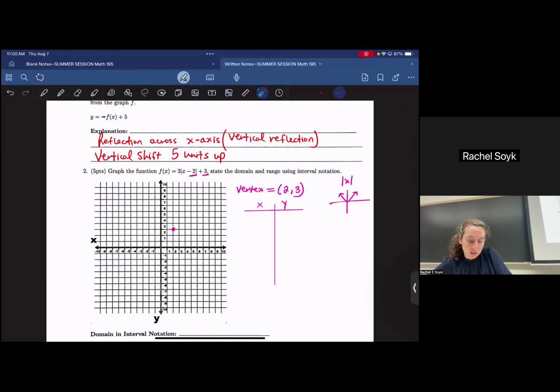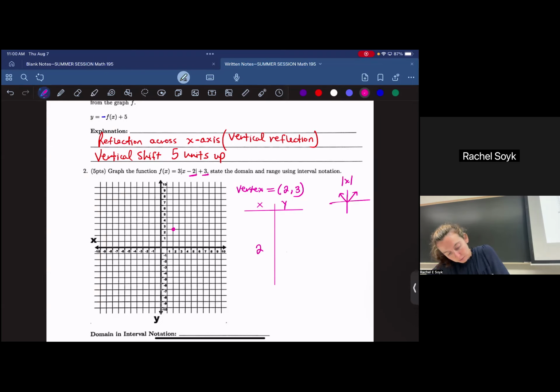Now you can also deal with 3, and I'll explain in a moment, representing your slope, up 3 over 1. But let's first do the table. So we know our vertex point is 2 comma 3. So we're just going to choose a few values to the left and then a few to the right.